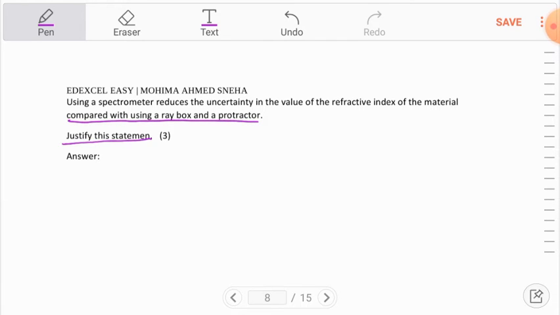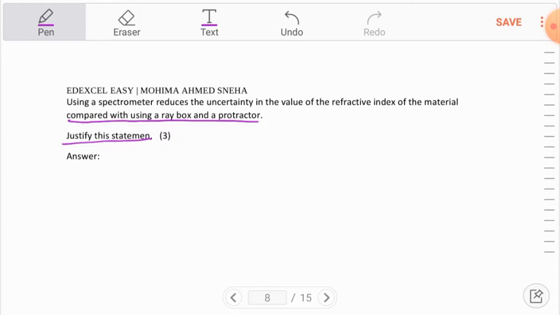Justify your answer. So here we already read that in a spectrometer we use a beam box to project the light, and we measure the angles using a vernier scale rather than a protractor. The resolution for the vernier scale was 0.1 degree, whereas the resolution for the protractor was 1 degree. So the resolution of the protractor is 10 times greater than that of the vernier scale.